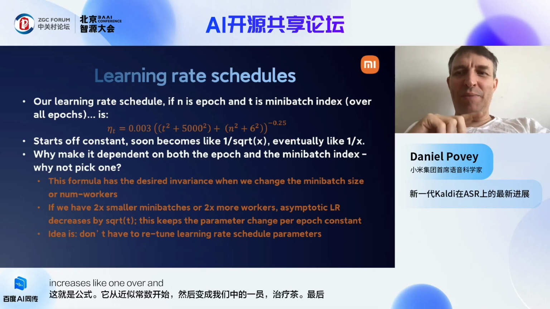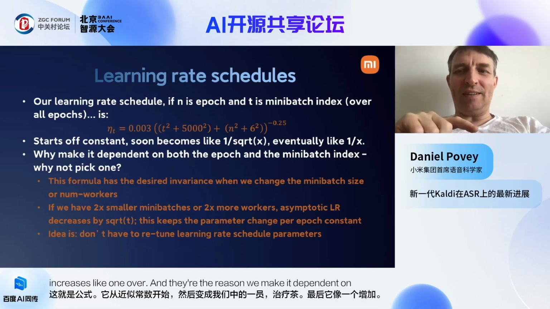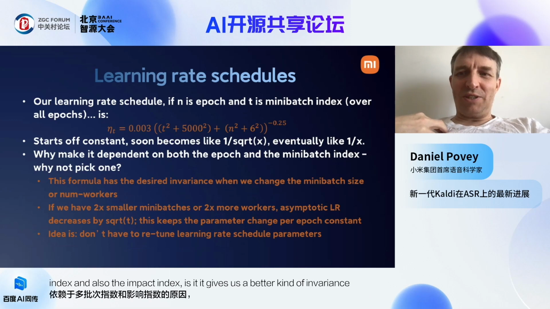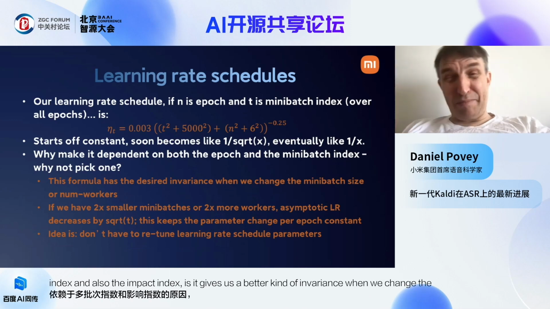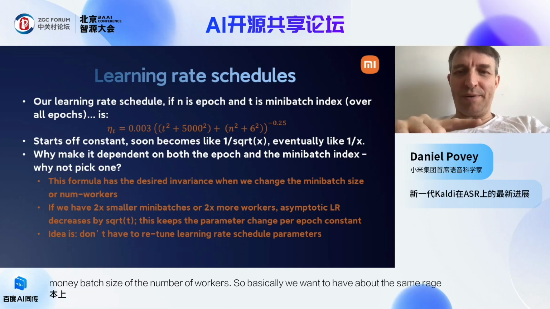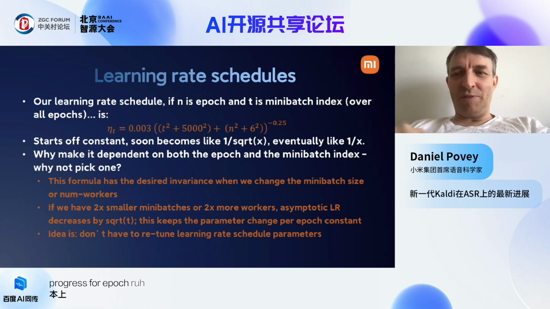And the reason we make it dependent on both the mini batch index and also the epoch index is it gives us a better kind of invariance when we change the mini batch size or the number of workers. So basically, we want to have about the same rate of progress per epoch, regardless of how many workers we have.